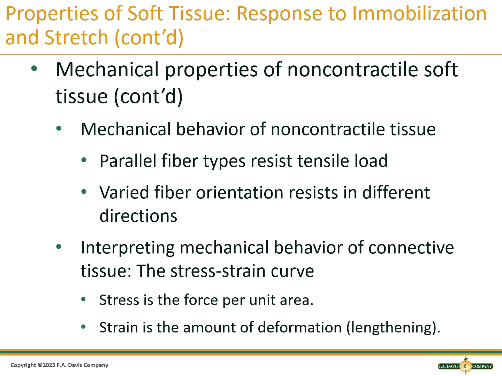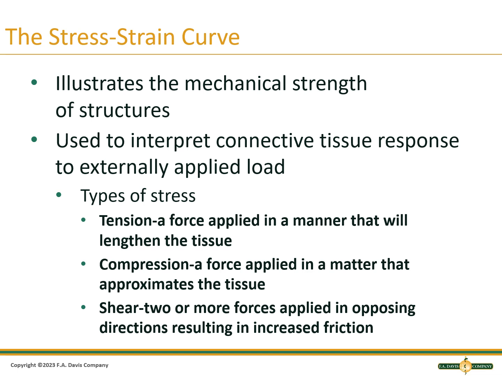If you look on page 93 at the stress strain curve, you can see how connective tissues respond to stress. Stress is going to be defined as the force per unit area for this curve, and strain is the amount of deformation or lengthening that happens. So the stress strain curve illustrates the mechanical strength of structures and is used to interpret connective tissue response to externally applied loads.